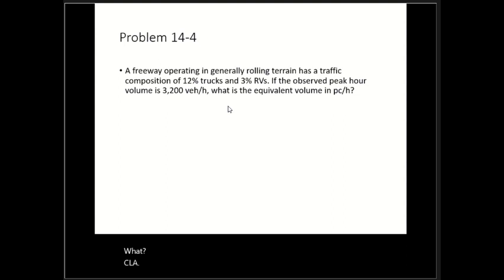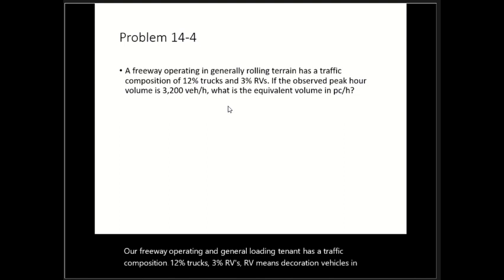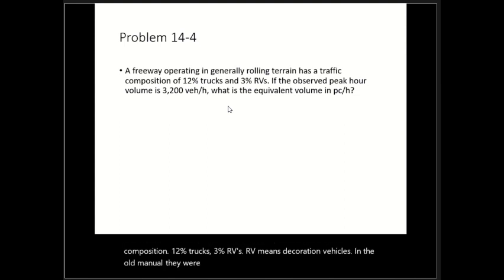I'll try to explain more when we are doing some numerical examples. A freeway operating in general terrain has a traffic composition of 12% trucks, 3% RVs. RVs means recreational vehicles. In the old manual they were treated separately, but now they are equal, so no problem.